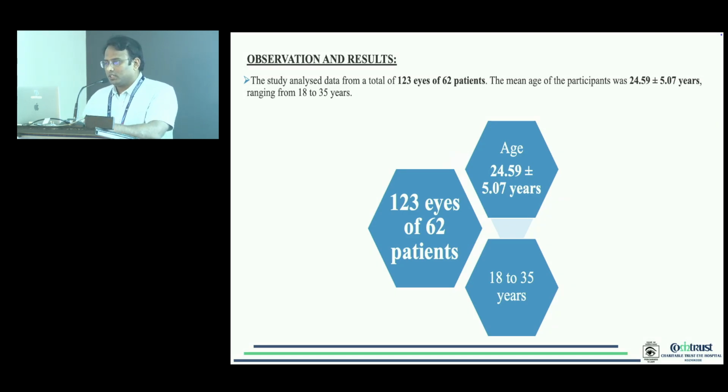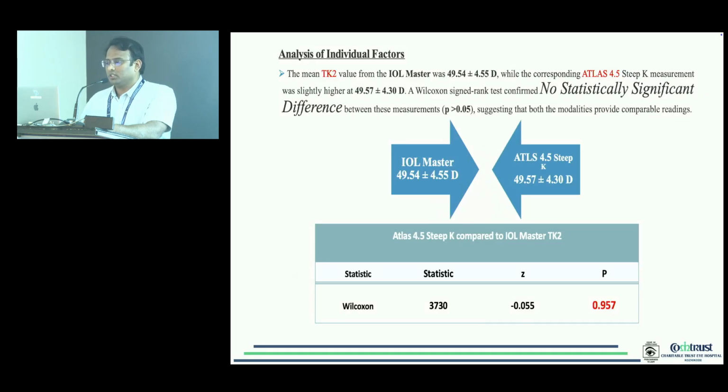Observations and results. The study analyzed the data from a total of 123 eyes of 62 patients. The mean age of the participants was 24.59 plus or minus 5.07 years, ranging from 18 to 35 years. The mean TK2 value from the IOL Master was 49.54 plus or minus 4.55, while the corresponding value from the Atlas 4.5 steep K was slightly higher at 49.57 plus or minus 4.30.